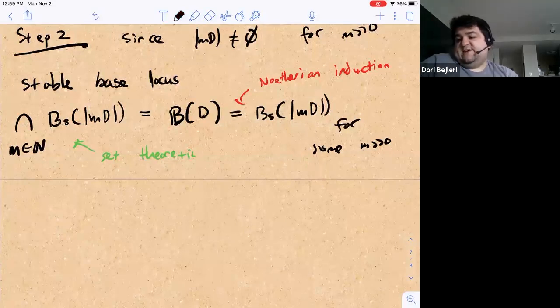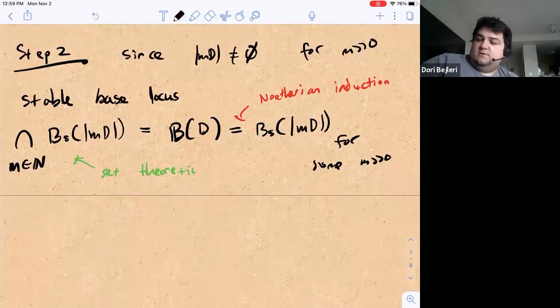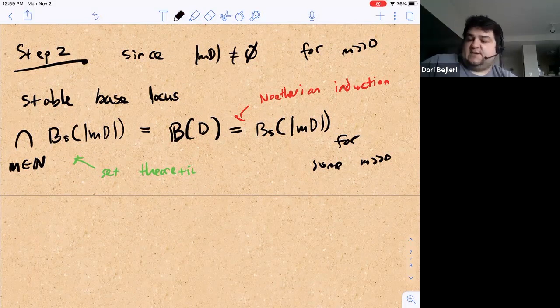Right. So now we fix this M. So step one, use non-vanishing to show that there exists some M where we have sections. Once we have sections, then we can take a large enough M so that this base locus is stabilized.